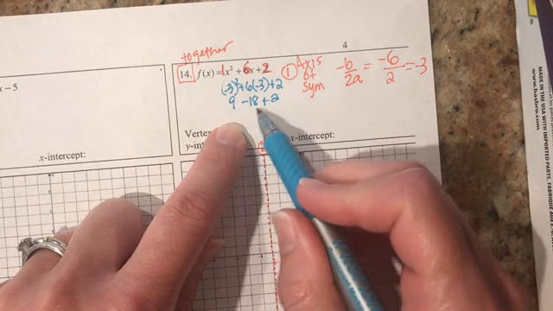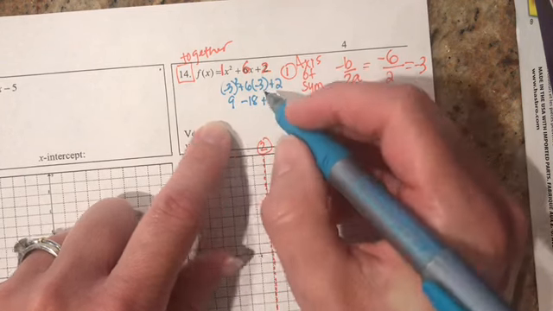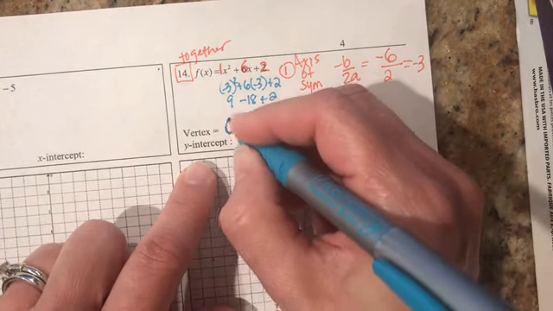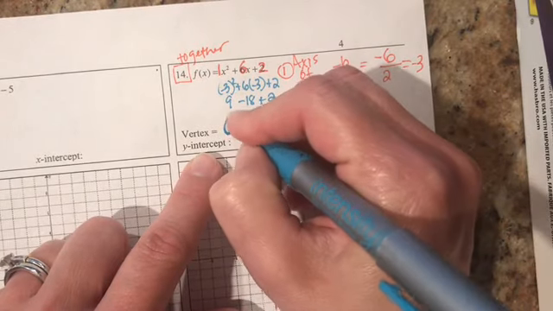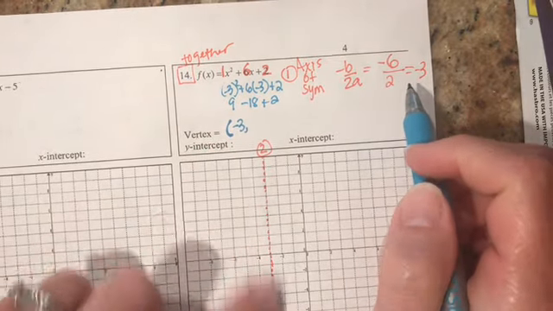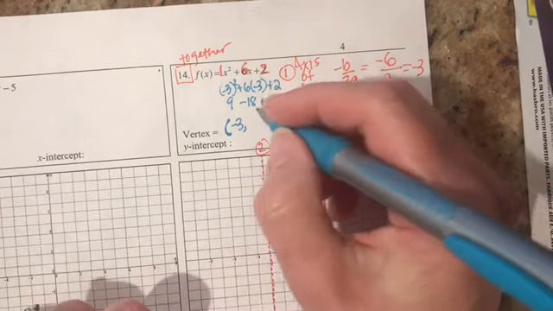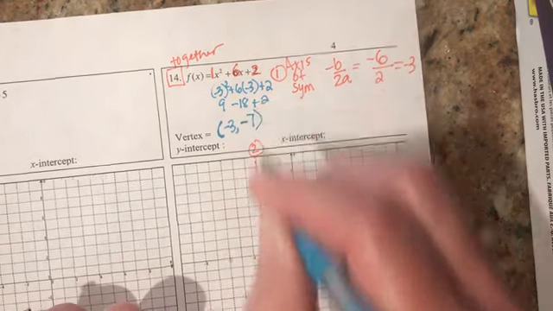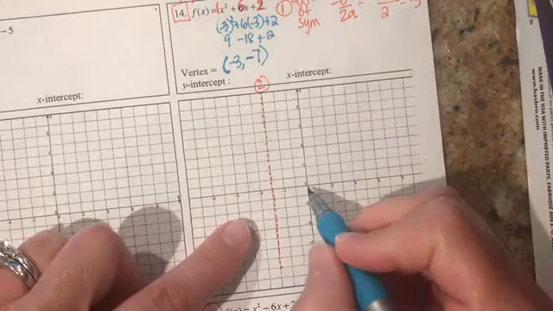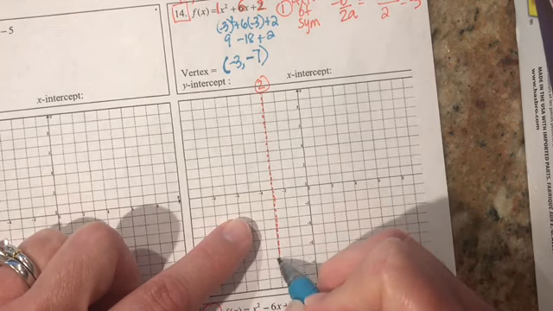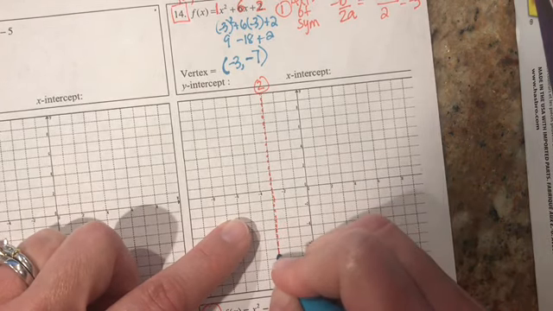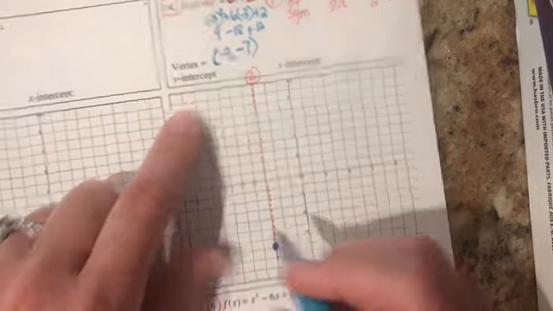That'd be negative 9 plus 2, which is negative 7. So our vertex is negative 3, and we know it's on the axis of symmetry line, comma, negative 7. Again, you can use Desmos for help. Negative 3, negative 7. That point is the first one you always want to find.